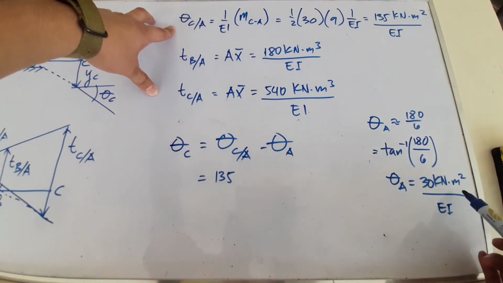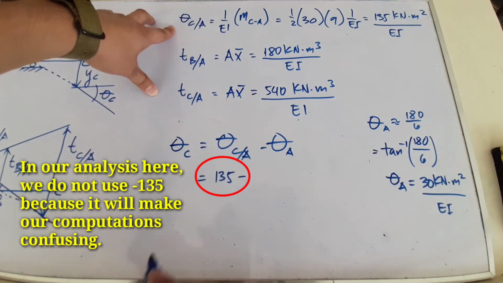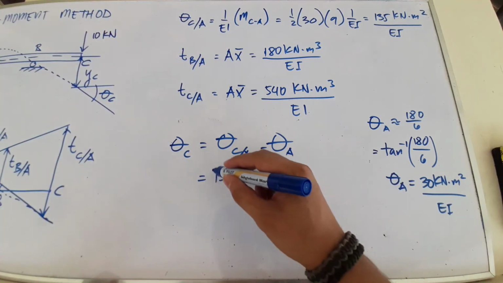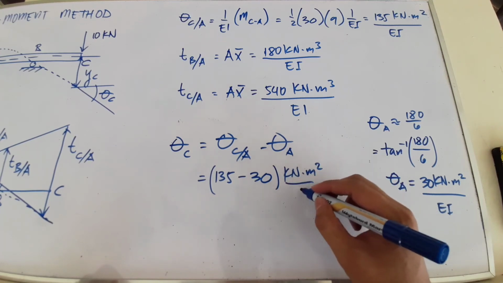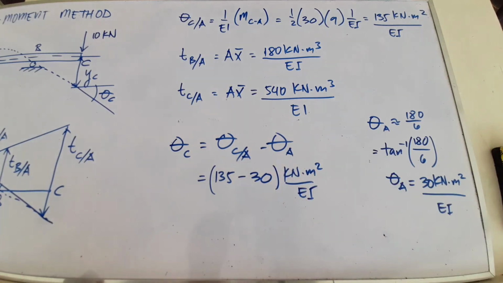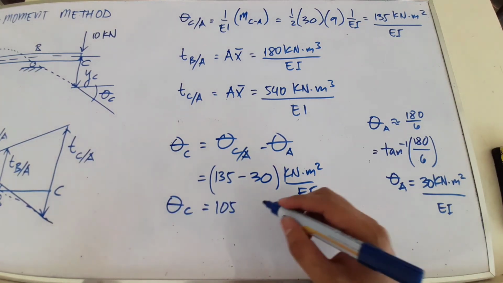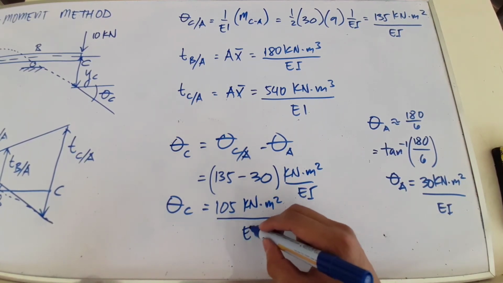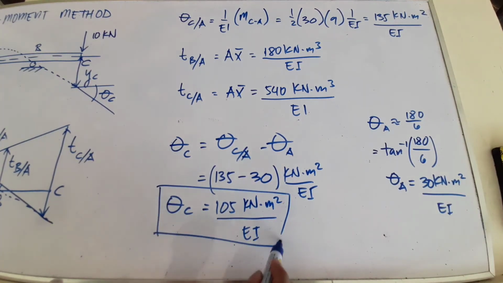So, you have 135 kilonewton m square over EI minus A, which is 30. Ang unit natin is kilonewton m square over EI. So, we have theta C is just equal to 105 kilonewton m square divided by EI. So, meron na tayong slope at point C.